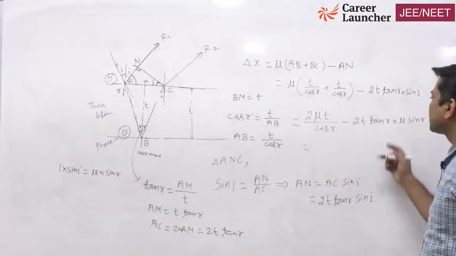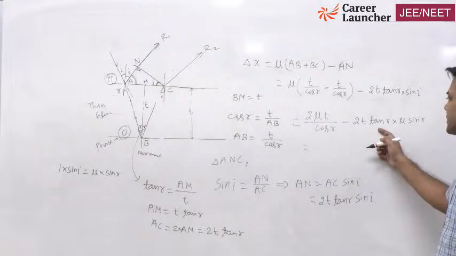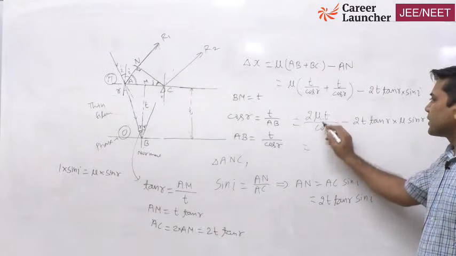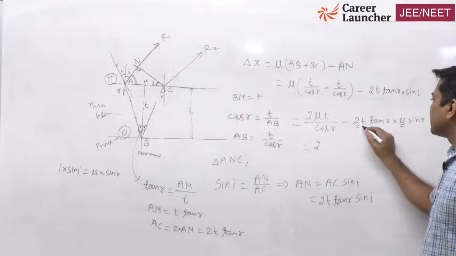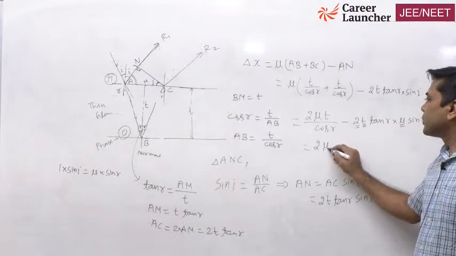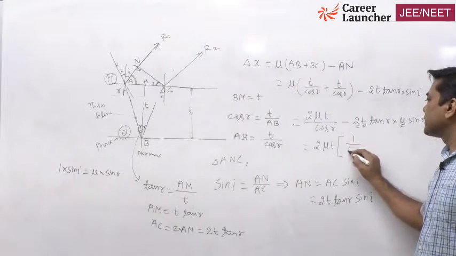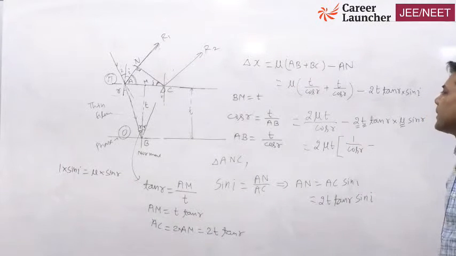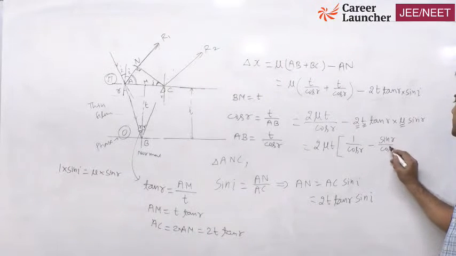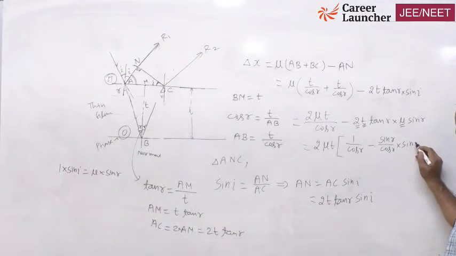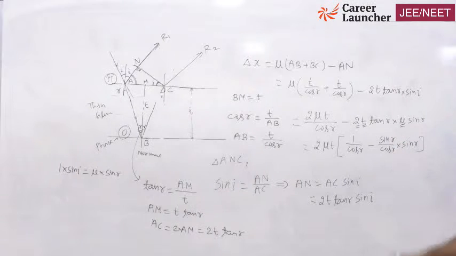You can have a look, this is sin r by cos r, I can write the next step. Here I am going to take 2 mu t common. So this is 1 by cos r minus sin r by cos r into sin r, which makes it sin square r by cos r.